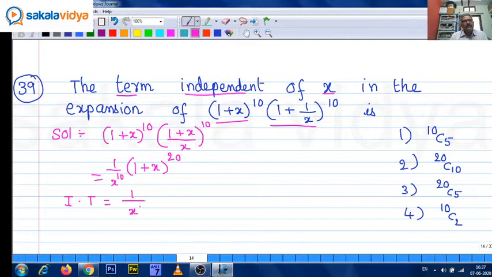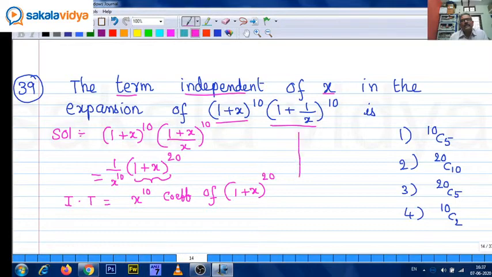Already 1 by x^10 is there, so we need the coefficient of x^10 in (1+x)^20. See, the coefficient of x^r in (1+x)^n equals nCr.